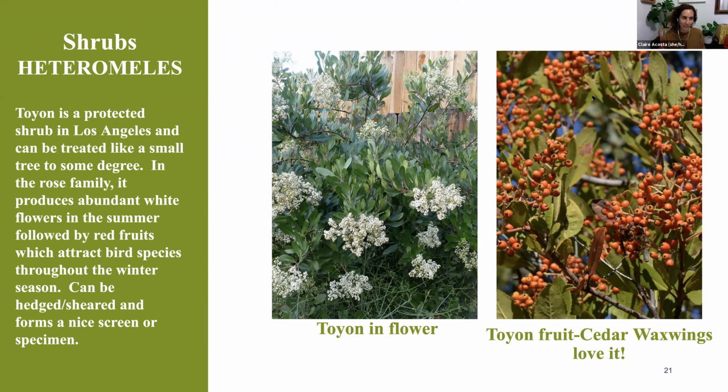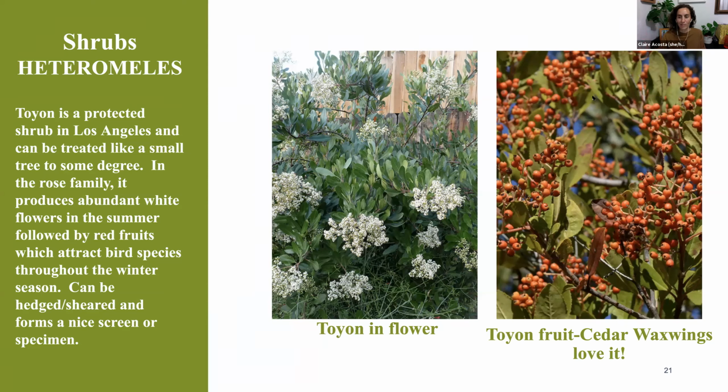This one is so fun. It can be treated like a small tree if you prune it appropriately. It is from the rose family, and it is on your easy list. It flowers in summer with white flowers, but the fruit is really beautiful and red, and happens in winter. That's why the other common name is Christmas berry.